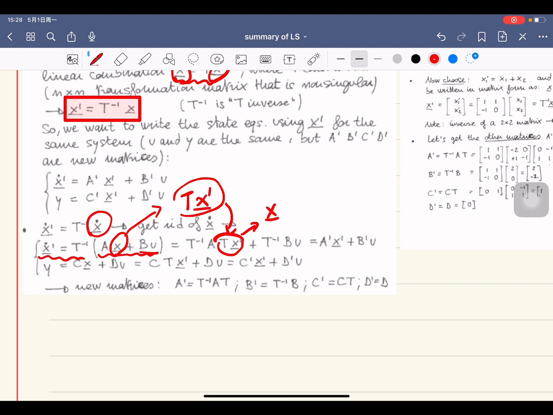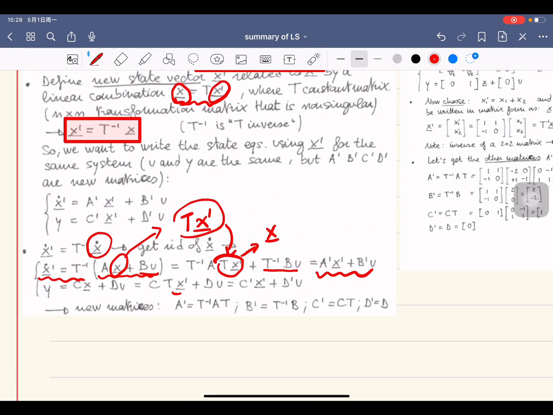After that, for B, and finally for C also, T S prime will equal S, and CT will equal C prime. The new matrices are defined this way.